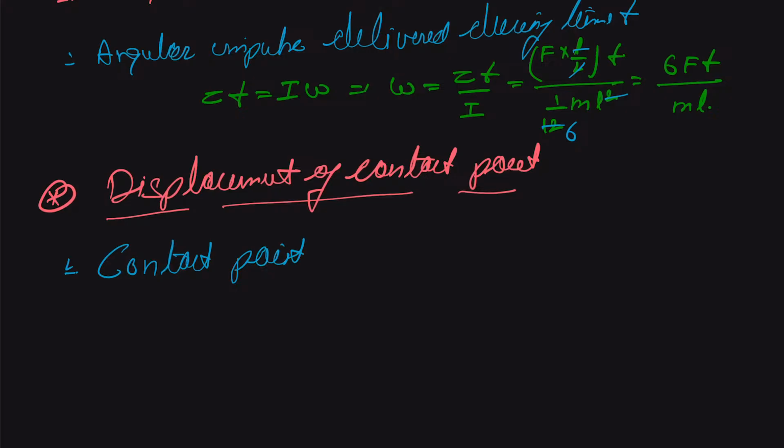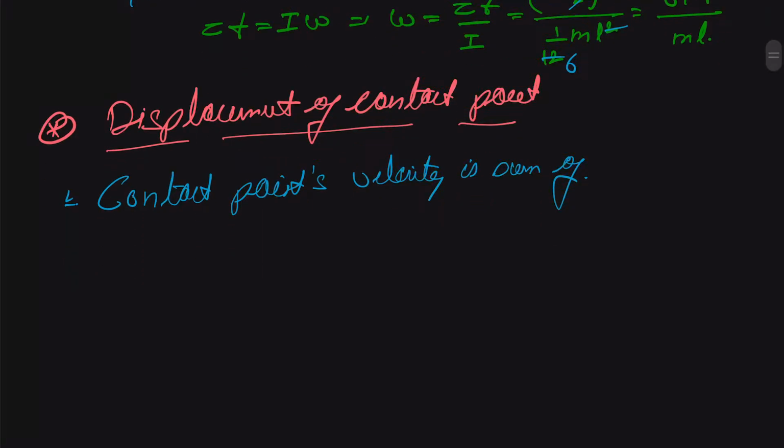Contact point is where the force F is being applied. So contact point velocity is the sum of, first, the translational velocity, that's the velocity of our center of mass. So translational velocity of center of mass, and that is our VCM, which will be equal to Ft divided by m.